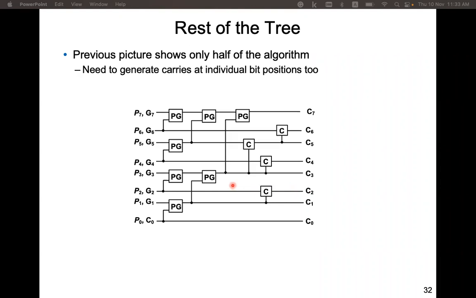Now for bit 3, as I said, we can have this P0 to 3, a group generate and group propagate.